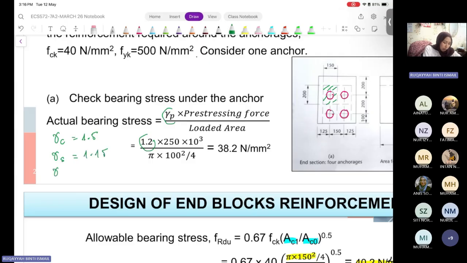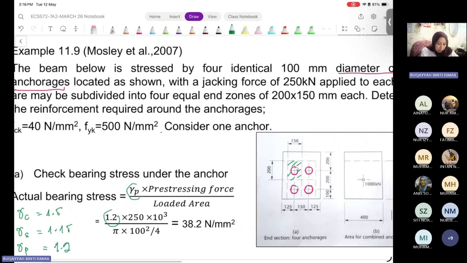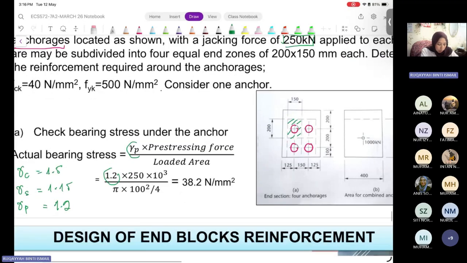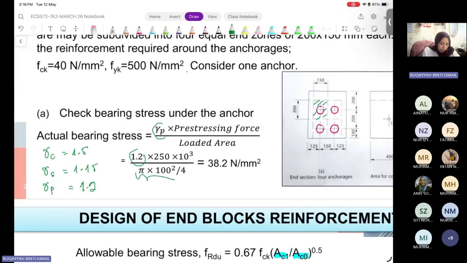You also have gamma P, for the tendon force, the pre-stressing force, which we take as 1.2, or sometimes 0.9. You have to check. So gamma P is taken as 1.2, multiplied with the pre-stressing force, which is 250 kN for each. So when you divide by the area, the stress is 38.2 for one anchor.